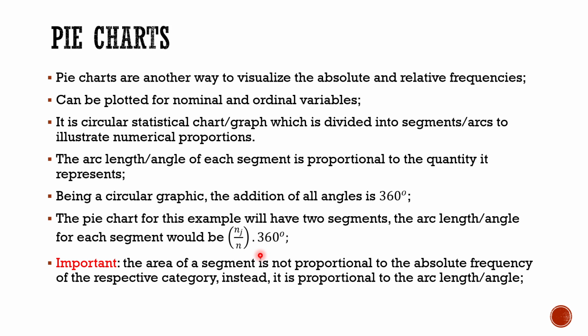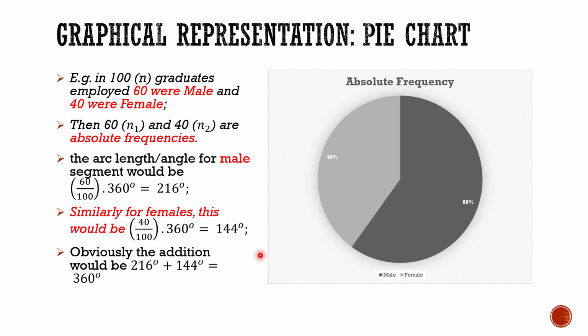I'm showing you the example, taking the previous example of 100 graduate samples, out of which 60 were male and 40 were female. Here we have absolute frequencies N1 and N2 as 60 and 40, and the arc length can be calculated for male using this formula. We get it as 216 degrees.